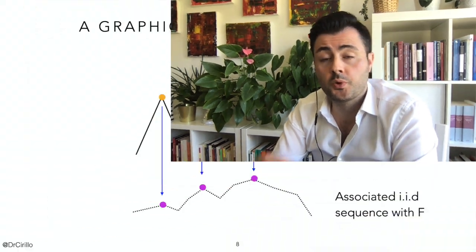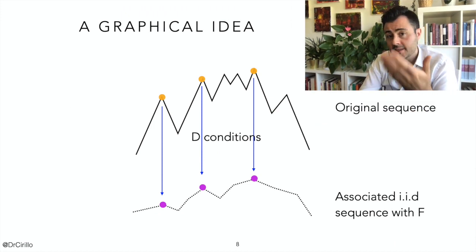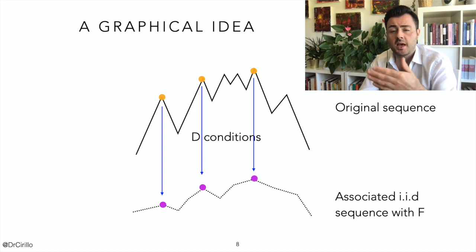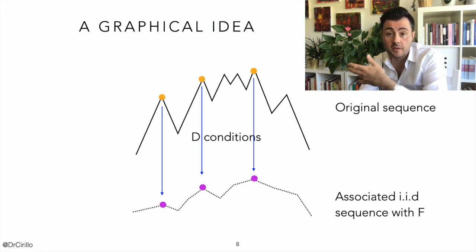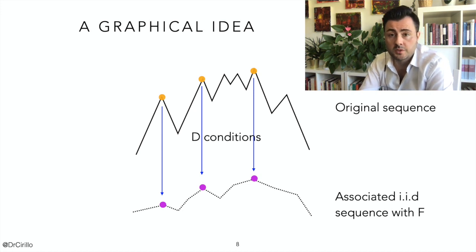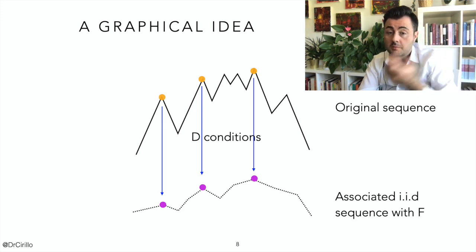So if we have a stationary time series that also satisfies the D conditions, what we can do is build a sort of connection between the maxima of this time series and the maxima of an associated i.i.d. collection of observations, whose maxima essentially mimic the behavior of the maxima of the time series.